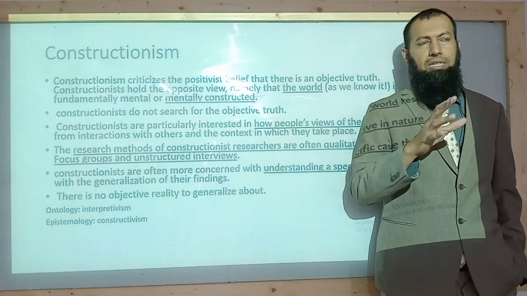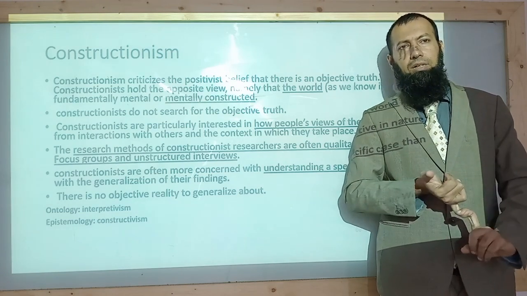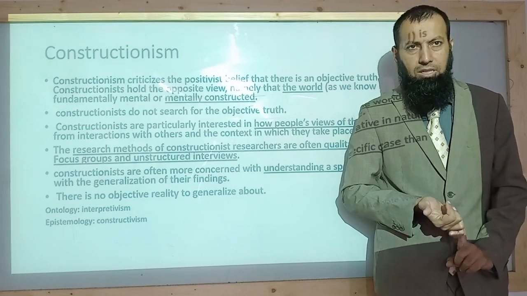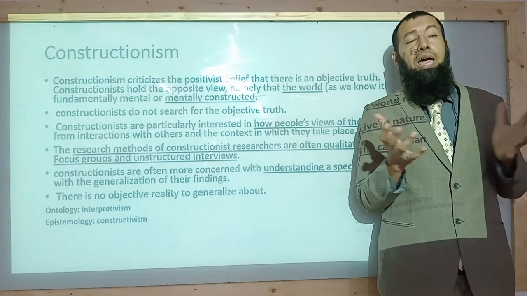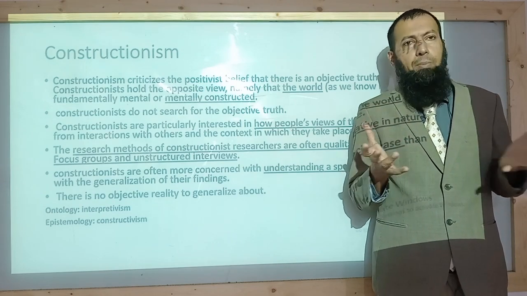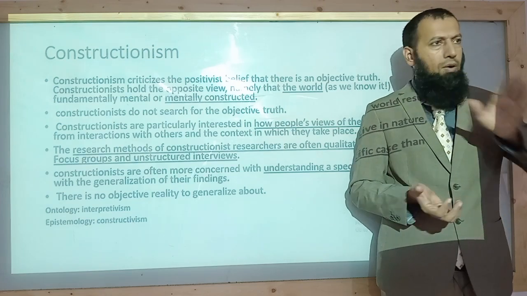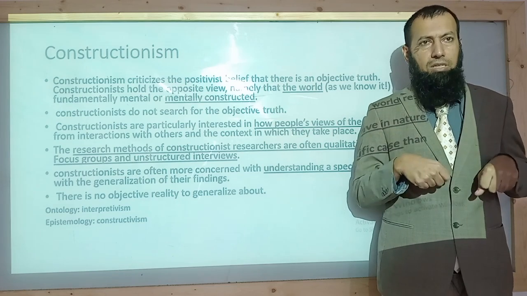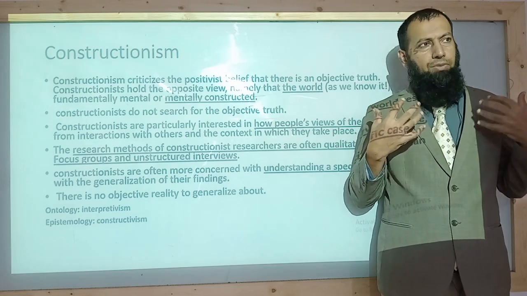For example, if the objectivist completes his research, whatever interpretation he does may have some biasness. Why? Because the researcher is also part of the society. He is not out of the society. Whatever the society generalizes, he has in his mind, negative and positive.